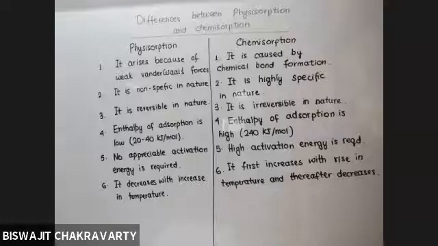Why is it so? Because it's a chemical reaction, and any chemical reaction increases with increasing temperature, and that is why initially there will be an increase in chemisorption with rise in temperature.